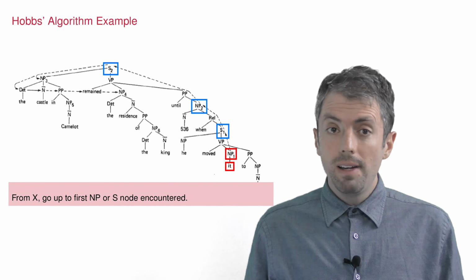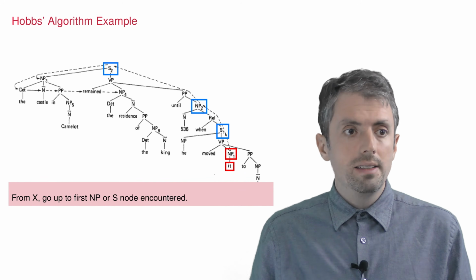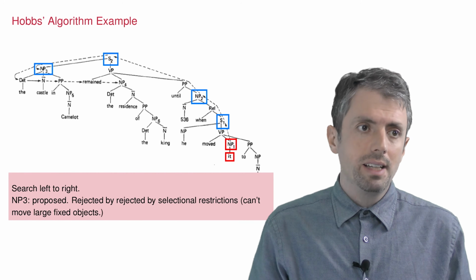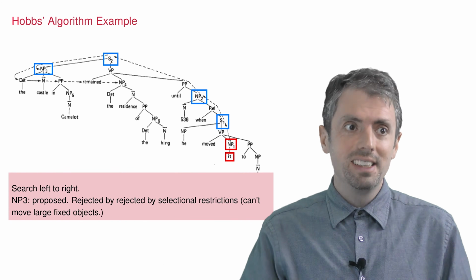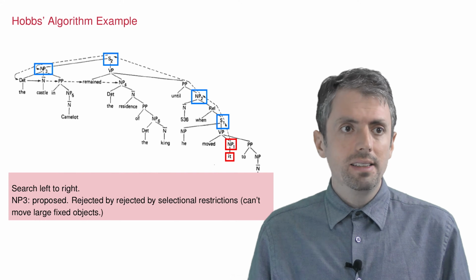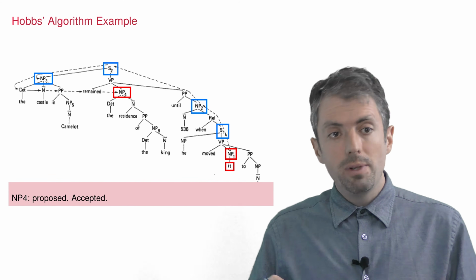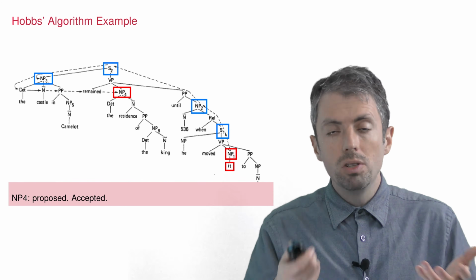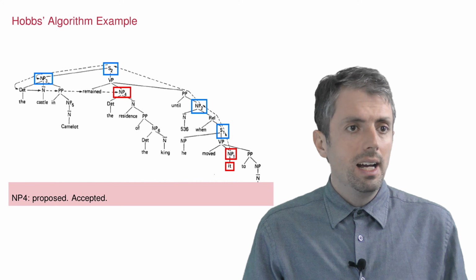Okay, now we found another S node. Now let's search left to right. Okay, we found a candidate, the castle in Camelot. You can't move big, heavy things like castles, so that's rejected. So then we get to the residence of the king. This is something that we can move. You can move a residence, so this validates the selectional restrictions.